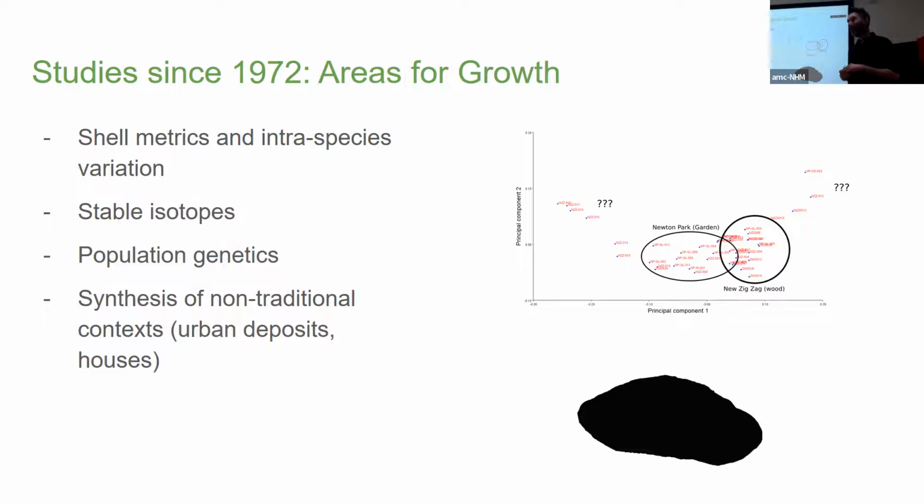Stable isotopes from land snails, likewise, are not something that has been explored in a huge amount of detail in a British context. So using the ratios of oxygen isotopes within a shell, we can begin to unpick temperature histories, and perhaps by using the final growth stage, we could begin to think even about seasonality. If it's a species that is of some economic importance, perhaps a dietary species, that might be interesting.